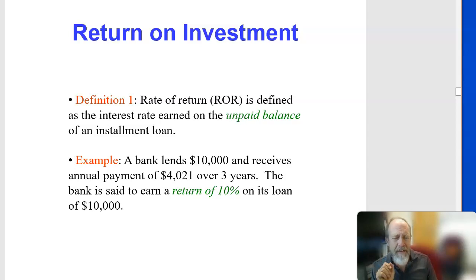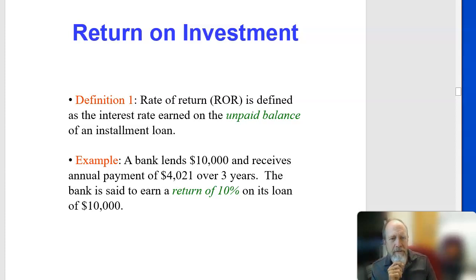There are multiple definitions of the way that you can say this. Rate of return is defined as the interest rate earned on the unpaid balance of an installment loan. We're going to actually look at some of those numbers like that. But essentially, it's what you're getting from that money. So, you can calculate this.